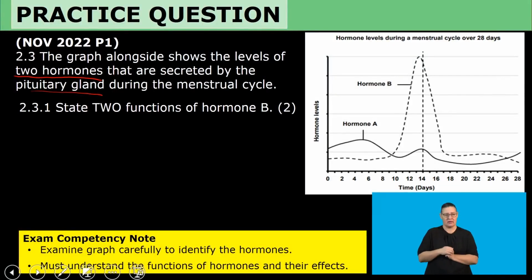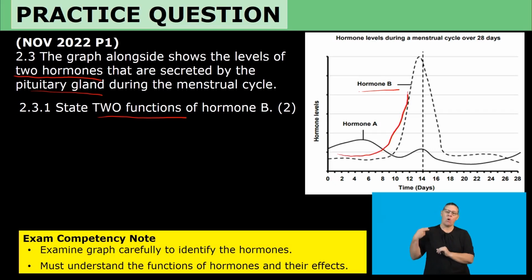First question 2.3.1, state two functions of hormone B. You must be able to know this hormone before you know the function. And a clue that you can use is you check as this cycle is moving on, you can see this hormone B is spiking, it's reaching its peak somewhere around day 14. And something happens on day 14, you know, ovulation. I'm just giving you clues, I'm not giving you an answer.